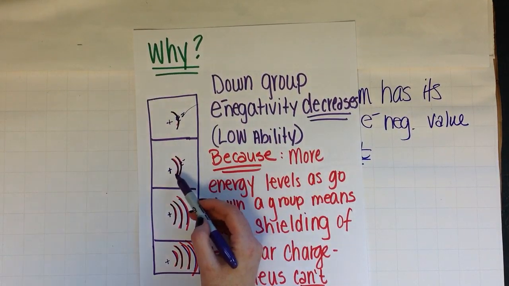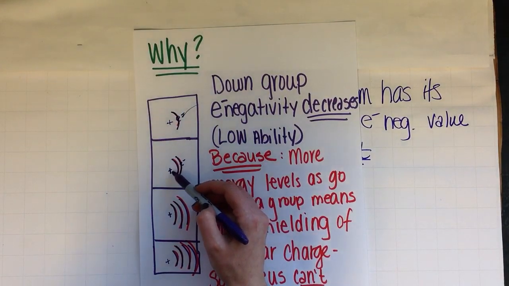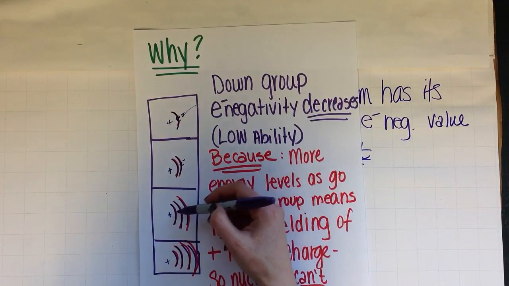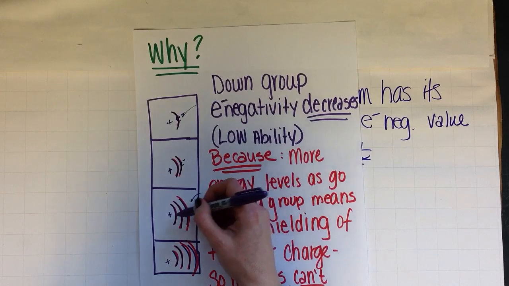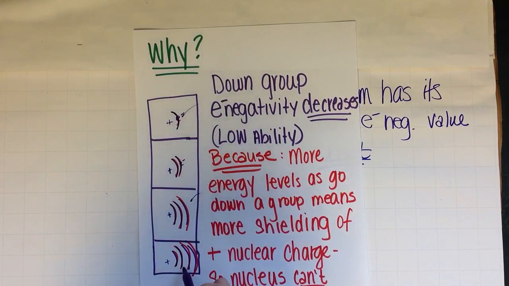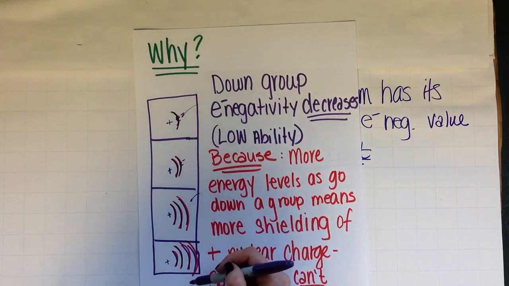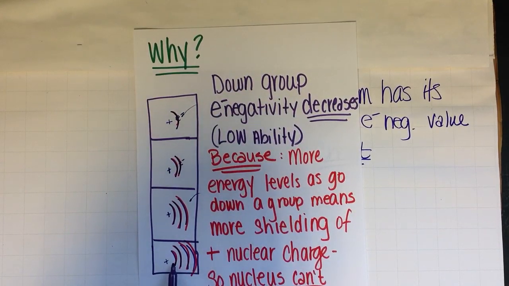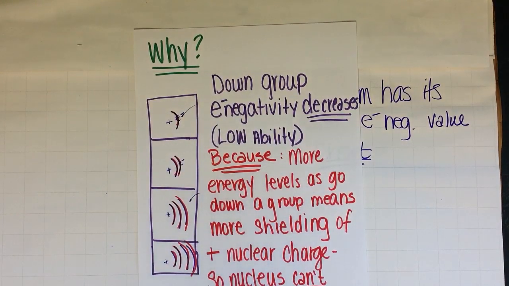In this example, the electron is going to be not as attracted. And in this one, an electron's going to come and really not feel much of an attraction, and even less attraction. So as you notice, as I go down a group, the ability of this atom to attract an electron decreases because I've got all these energy levels blocking that positive charge. So more energy levels as you go down a group means more shielding of the positive nuclear charge. So the nucleus can't attract an electron to itself that well.